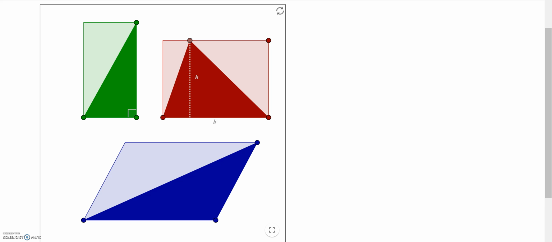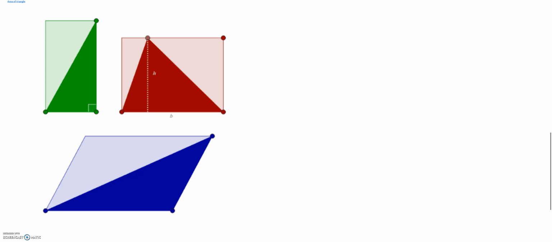And the height can be confusing to find sometimes. So let's see how this works out. In the first triangle, the base and height that form the right angle are going to be these 2 sides that make our right triangle.